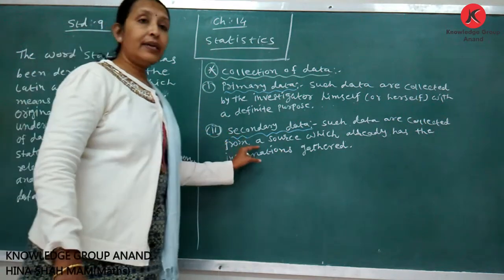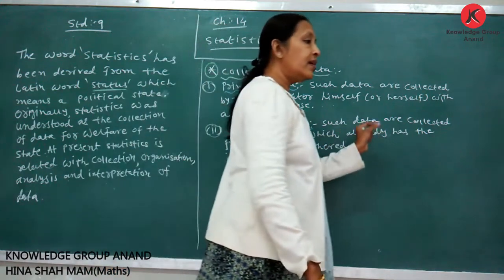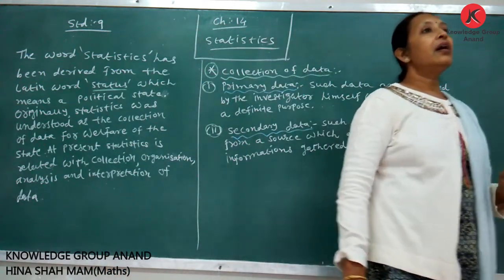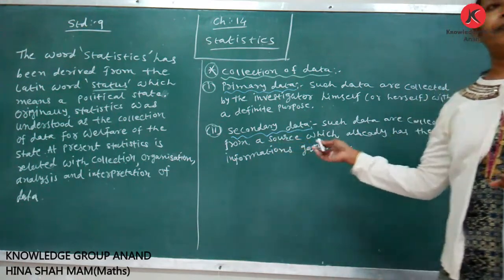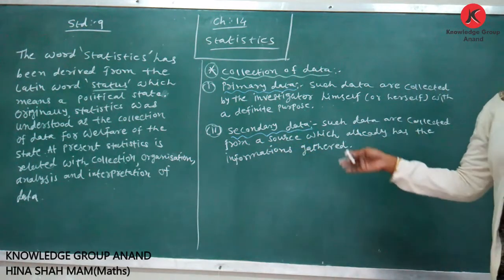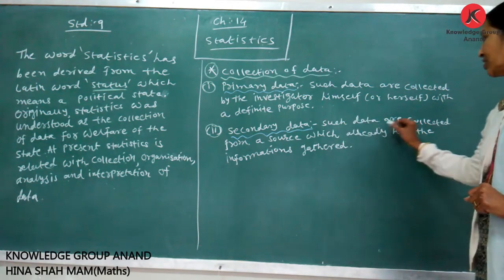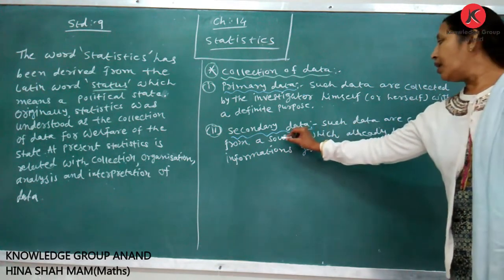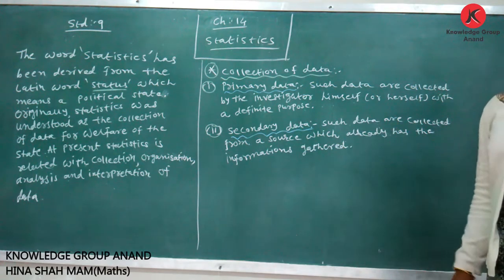But secondary data, for example: Hindustan Lever Company's profit is 5.4 crore per month. Such data come from a source which already has the information gathered.